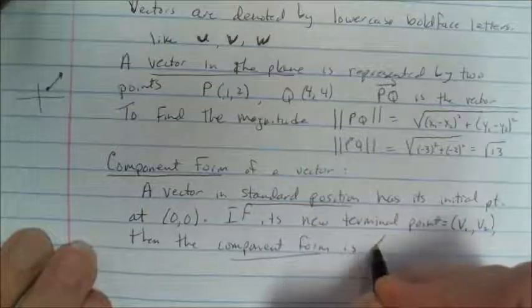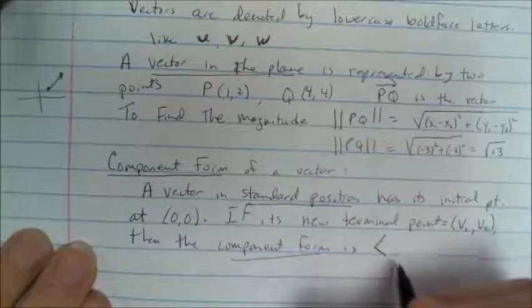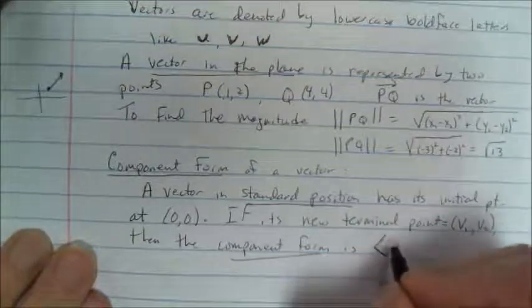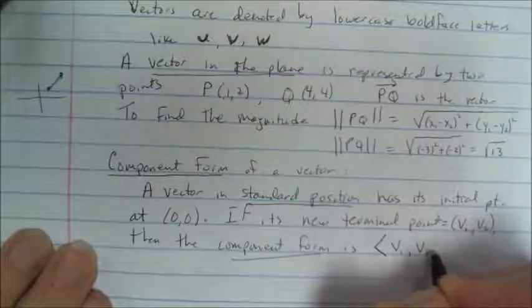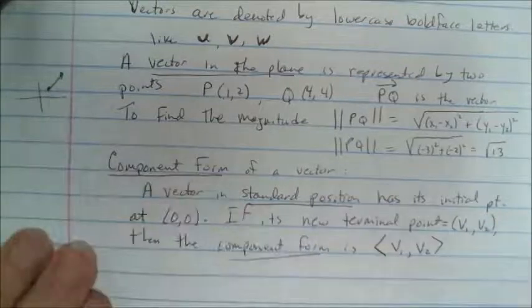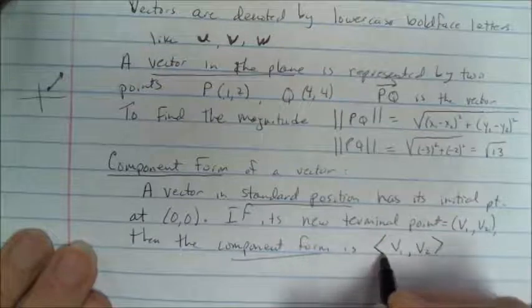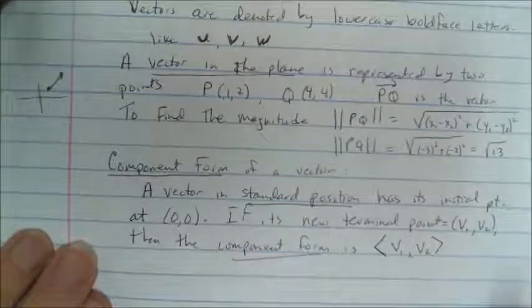is denoted with this. This is called a chevron. It looks like a great big less than symbol, but it's just called a chevron, v1, comma v2. So this is just the new terminal point after it's been moved back. So here is the component form. Component form means the initial point is at the origin, and then this is the new terminal point.